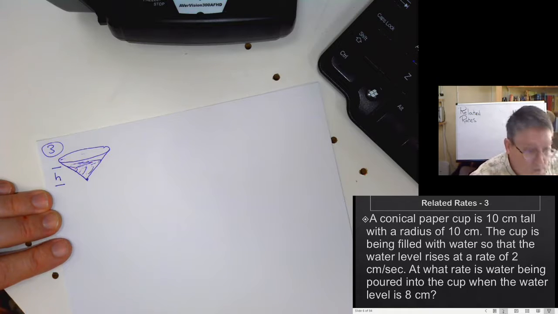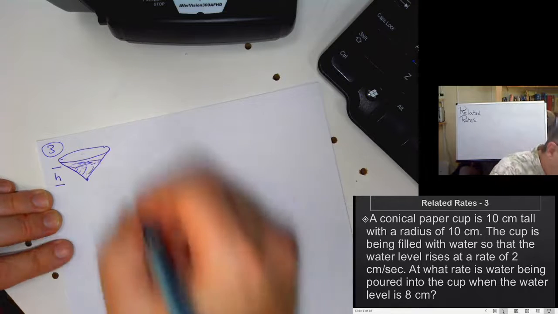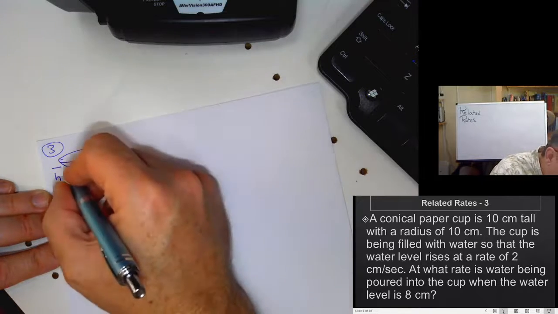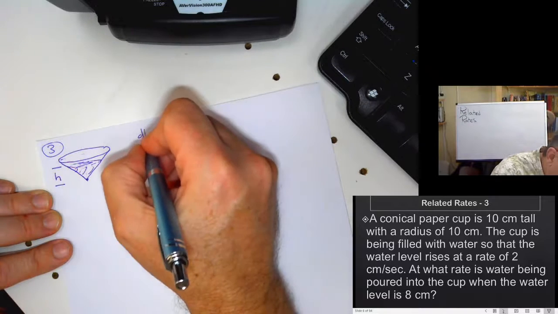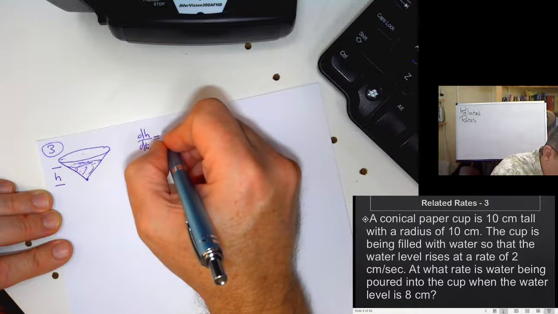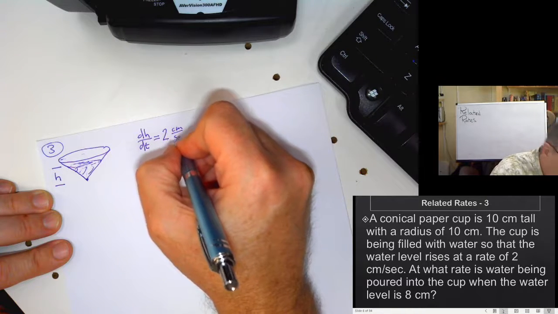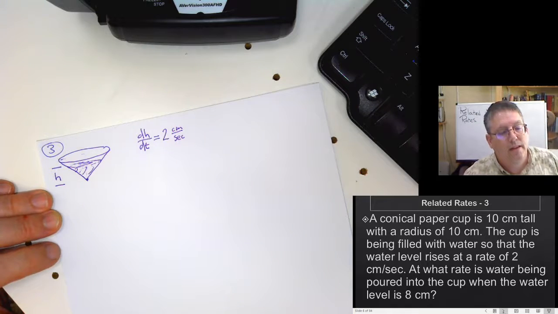And so it says the water level is rising at a rate of 2 centimeters per second. So dH/dt, the rate at which the height is changing, is 2 centimeters per second.